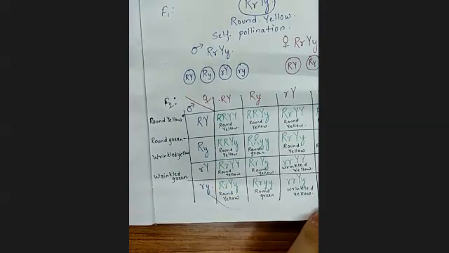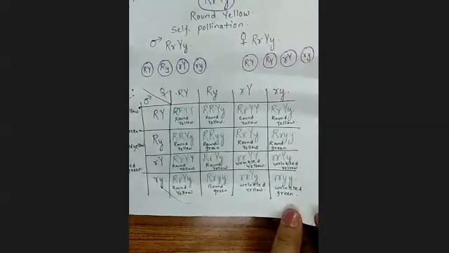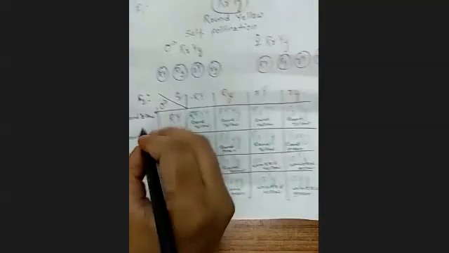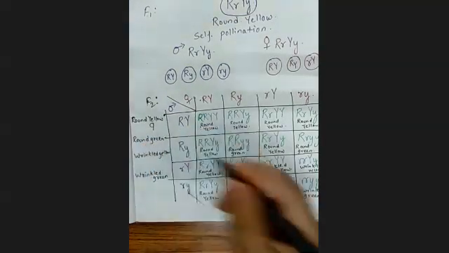Now count them. Count how many round yellow are there. Ma'am, 9. Yes, so he got 9 as round yellow.